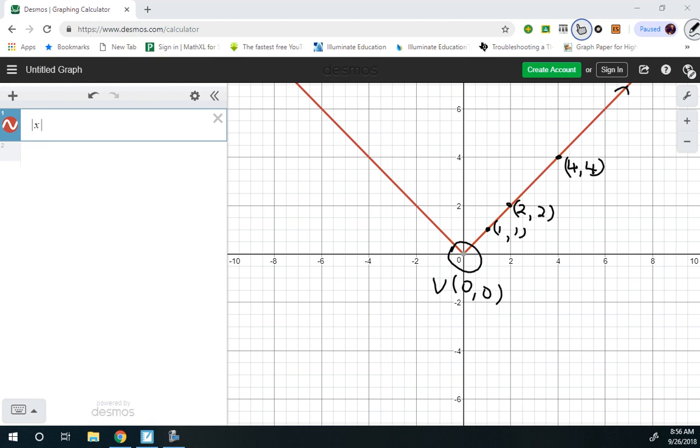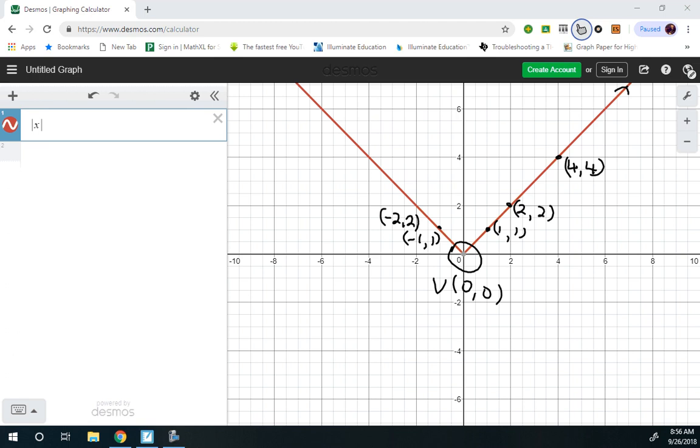Moving into the second quadrant, the graph goes through -2, 2, -1, 1, etc. It's very imperative that everybody knows that graph inside and out, forward and back, that without a graphing calculator, without looking at your notes, you can graph that.